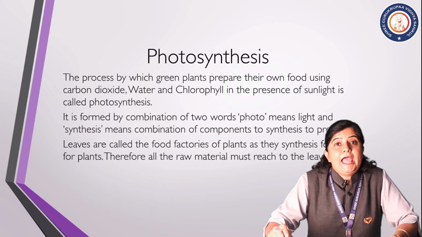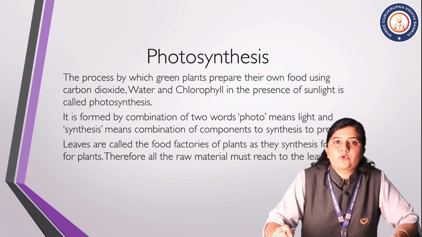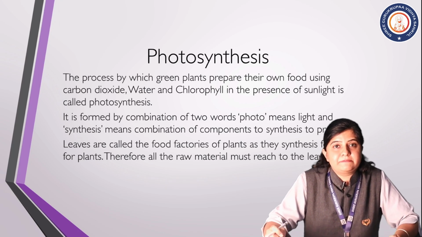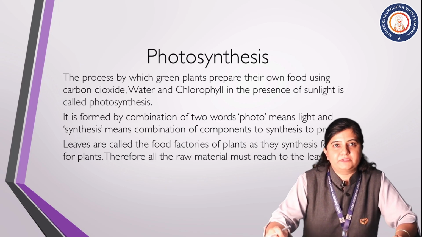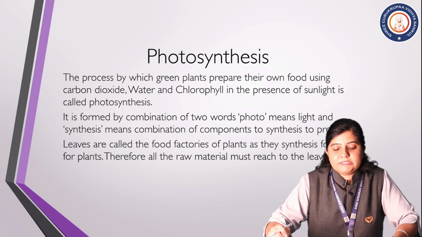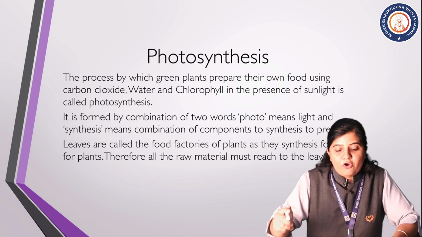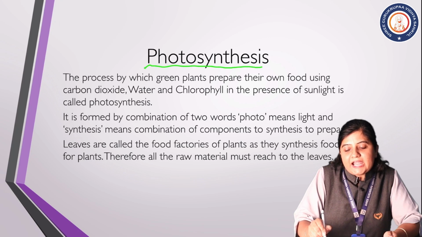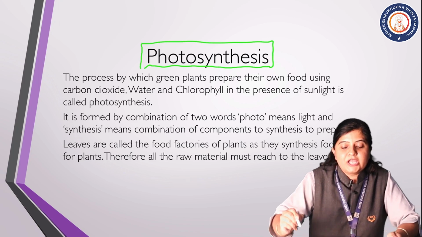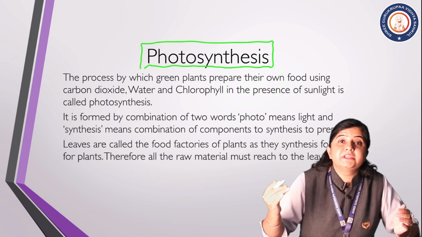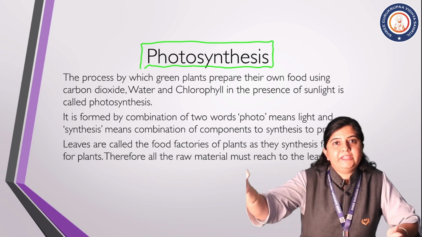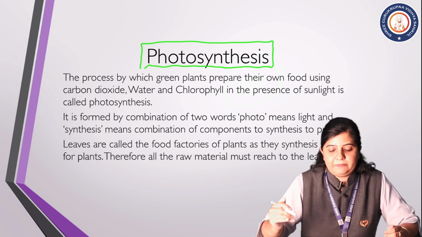Photosynthesis. As we have said, the plants are autotrophs. They prepare their food themselves. But how do they prepare their food? That is by the process called photosynthesis. Photosynthesis is that process by which green plants prepare their own food. We cannot give them food, but they themselves prepare their own food.